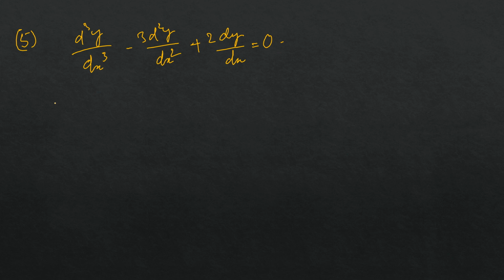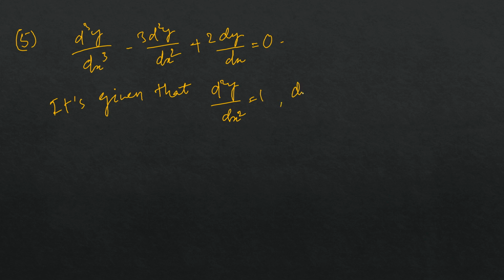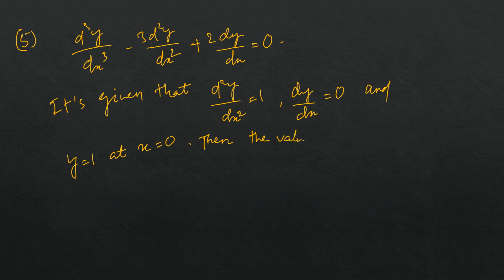It's given that d square y by dx square is equal to 1, dy by dx is equal to 0, and y is equal to 1 at x is equal to 0. Then the value of y at x is equal to 2 is nearest to.